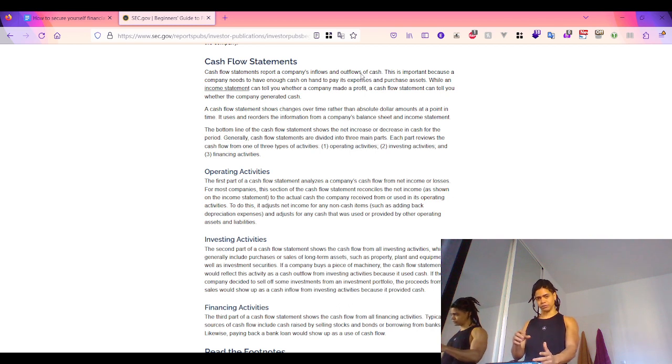Trade credits, which is trade payables, where a company can renegotiate the repayment schedule with their suppliers and vendors. The other is notes payable.